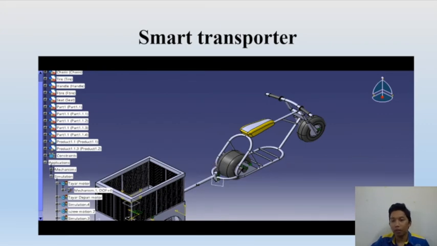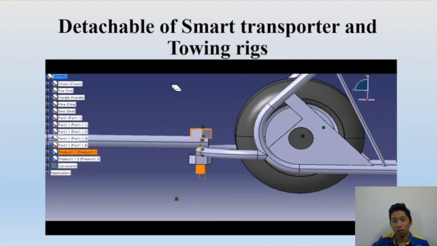So next, I will show you the detachable of the smart transporter and the towing rig, how the bolts and nuts will detach the smart transporter and the rig. So I will show you the video.